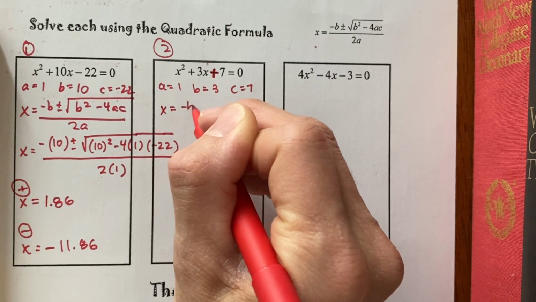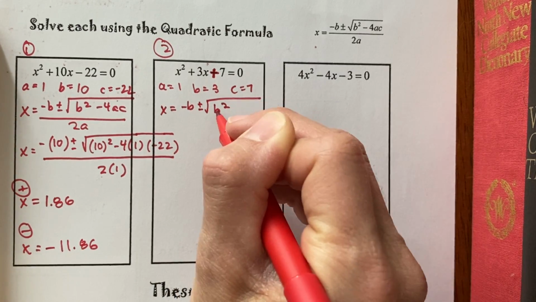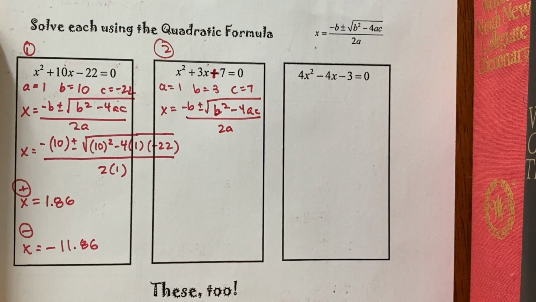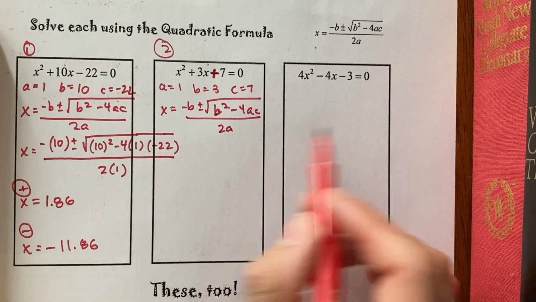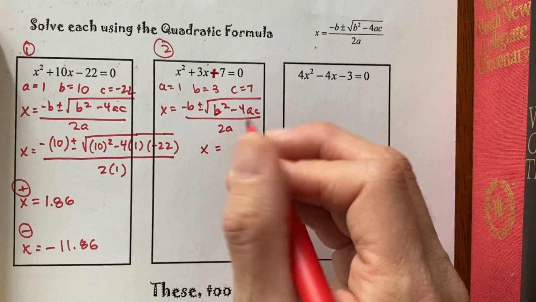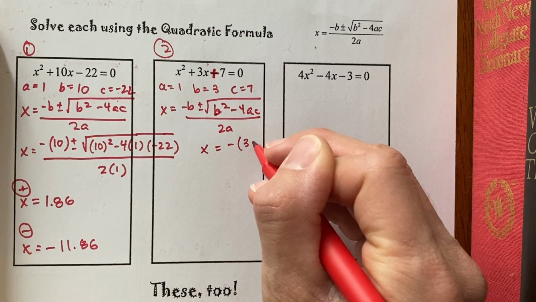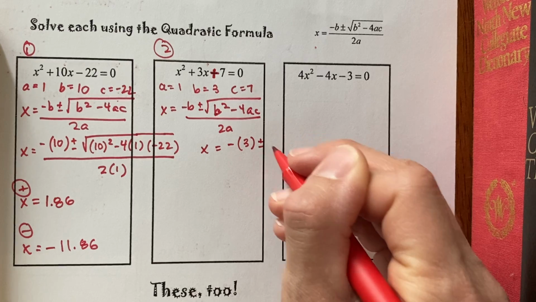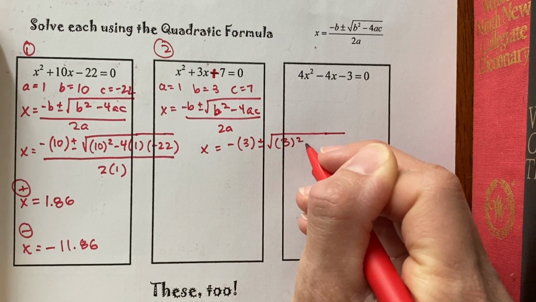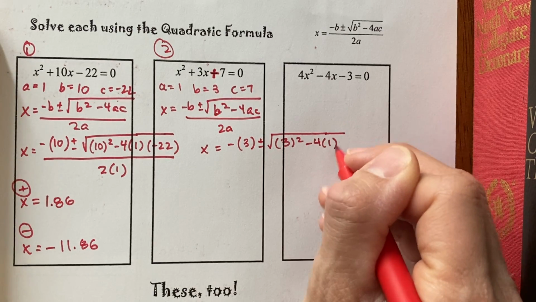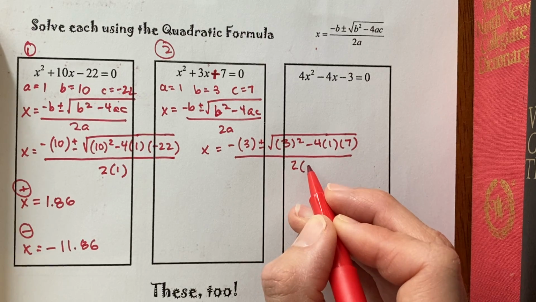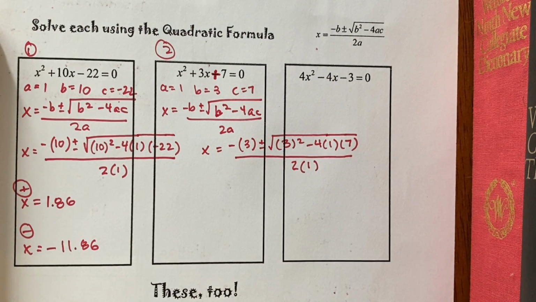Okay. So x equals opposite of b plus or minus the square root of b squared minus 4ac over 2a. Okay. And I'm going to have to take up part of this one too, because it's such a long problem. So x equals the opposite of b, so opposite of 3, plus or minus the square root of, in parentheses, 3 squared minus 4 times 1 times 7, all over 2 times a, which is 1.